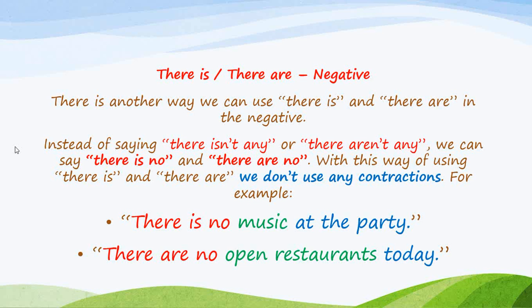We can't contract these forms, okay? For example, there is no music at the party. Or there are no open restaurants today. As we can see, we are not using contractions here.